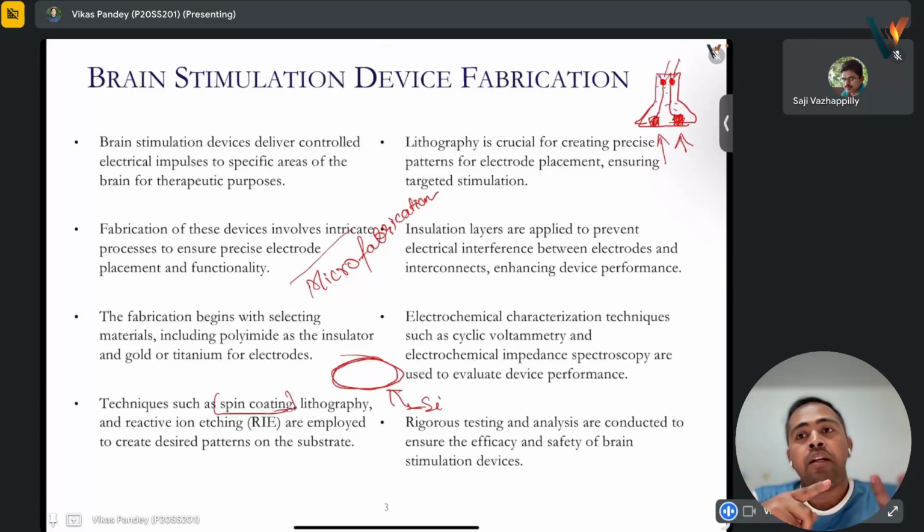But how to identify which wafer? There is a course, MEMS fabrication for clinical perspective, by Hardik sir on NPTEL, and I think one other course also from Hardik sir. You can refer to these courses if you are interested in that.